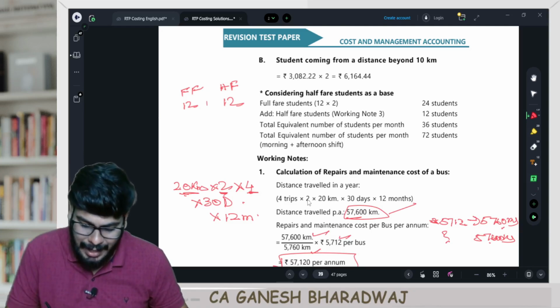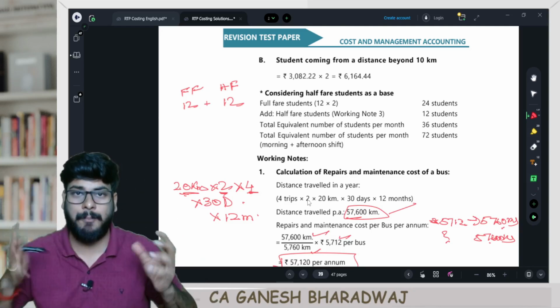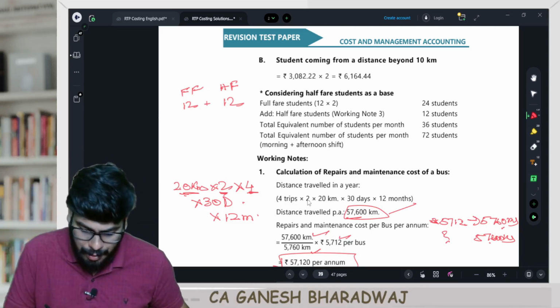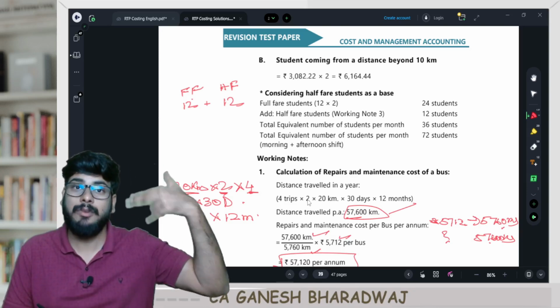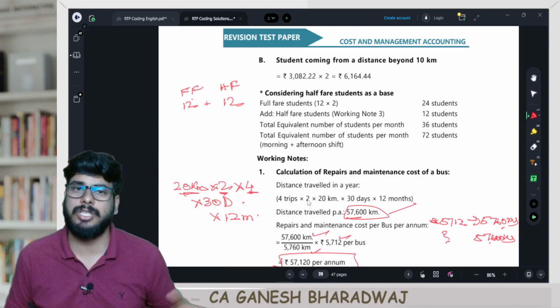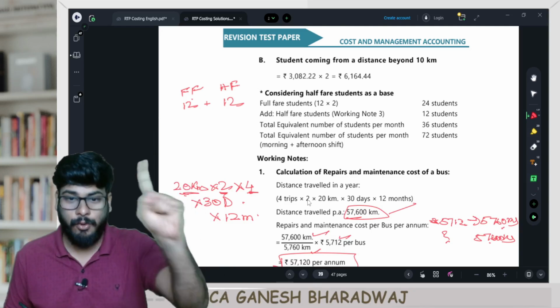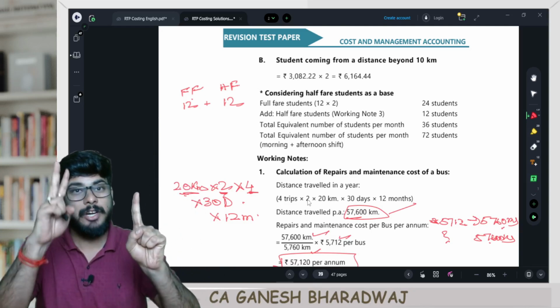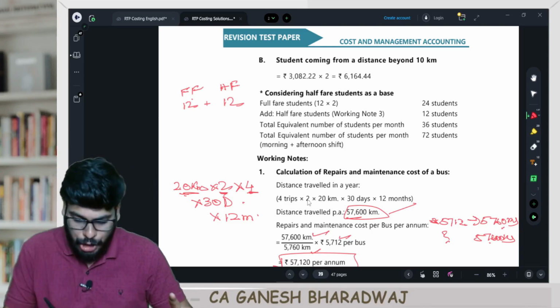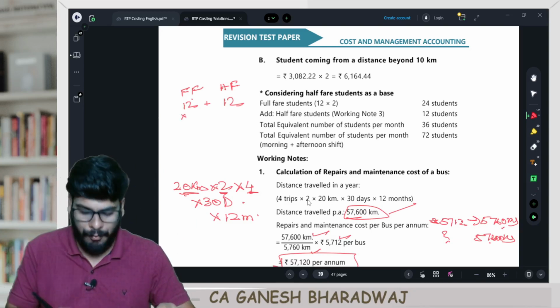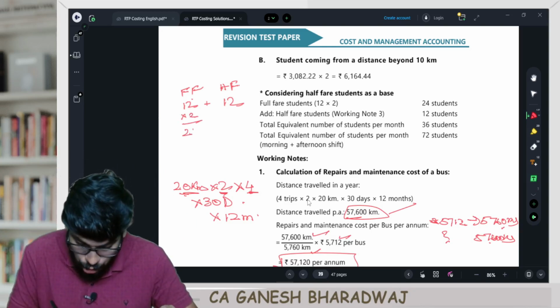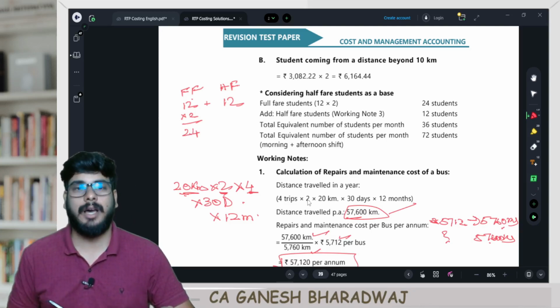Now, can I add 12 plus 12 directly for the purpose of apportioning the cost? No. Why? Because these full fare students, I recover twice as much as compared to half fare students. Or can I say one full fare student is equivalent to two half fare students? Yes. So, can I say these 12 full fare students are equivalent to 24 half fare students? Are you clear with this?